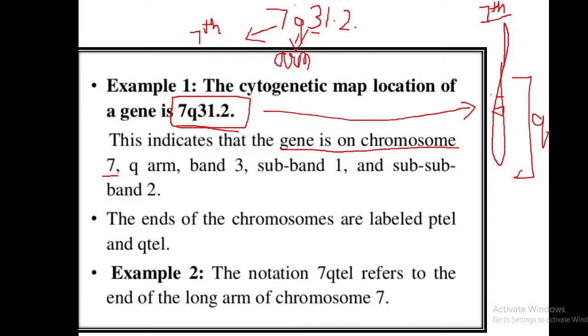So if this is 1 2 3 4 5, then at the 3rd position, the subset 1, and again its subset 2. That is what is known as the cytogenetic map location. This is how you identify.